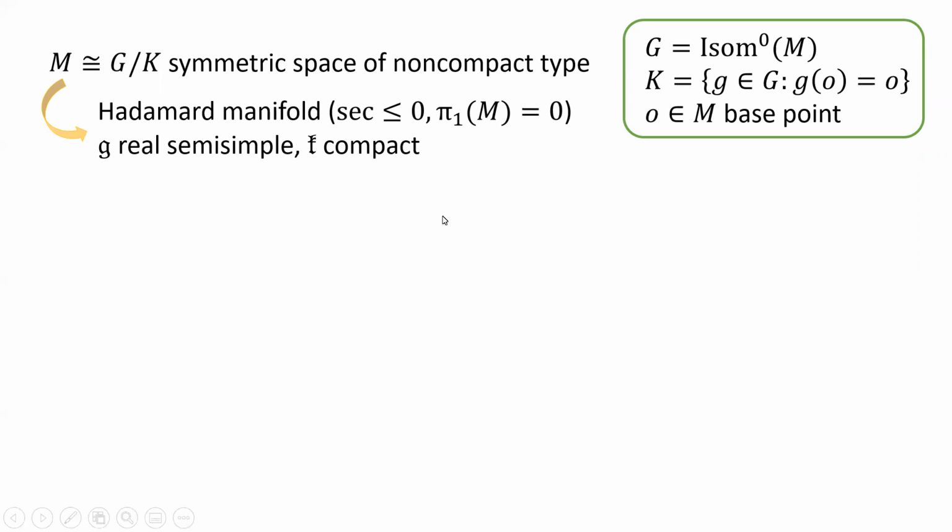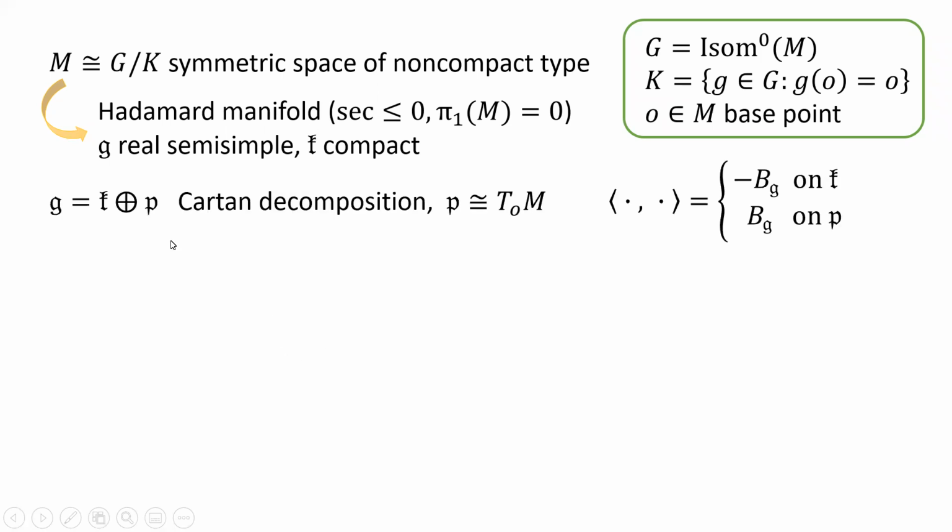Okay. G, the Lie algebra of the isometry group, is real semi-simple. K is compact. Okay. Now we will consider several decompositions that play an important role. The first one, the simplest one, the Cartan decomposition. In G, you take the orthogonal complement of K with respect to the Killing form of G. Okay, this is p, and p is naturally identified with the tangent space at the base point.